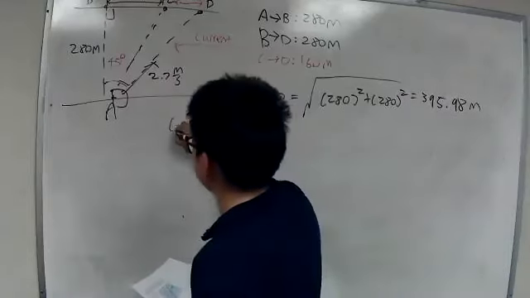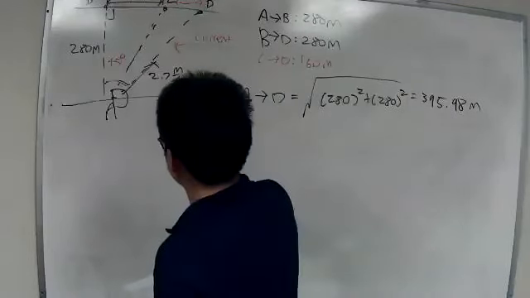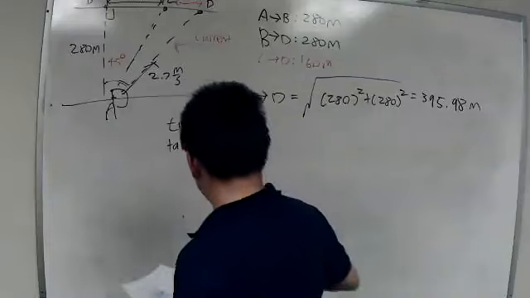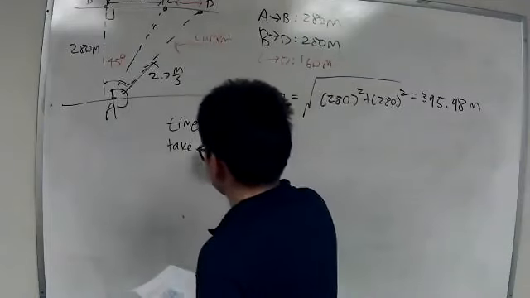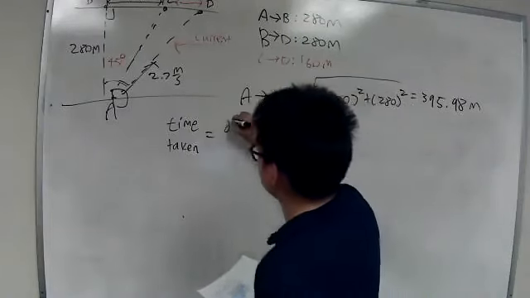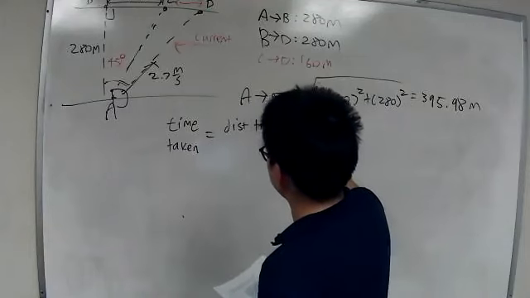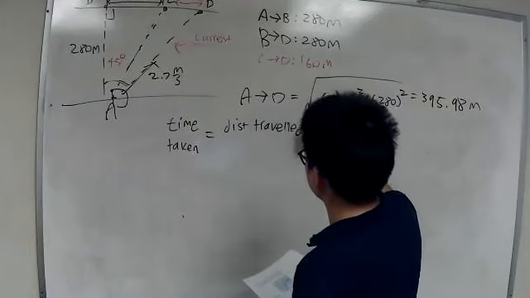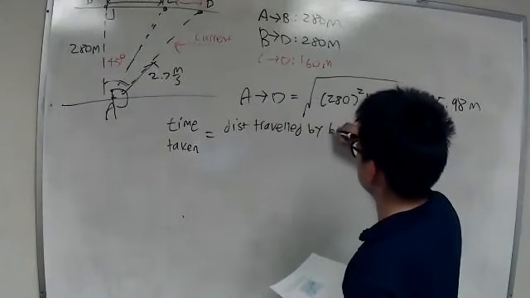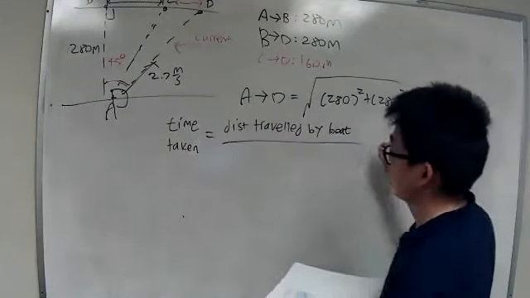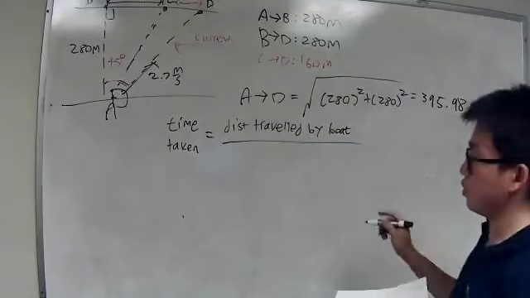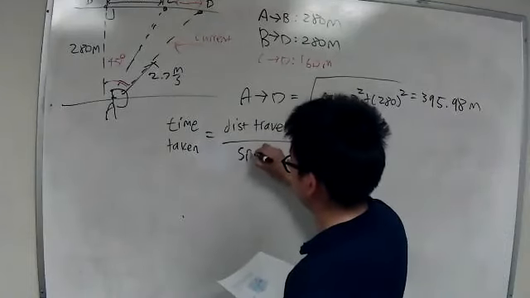So let's see, time taken. Time taken is distance traveled by the boat over speed, velocity of the boat, so speed of boat.